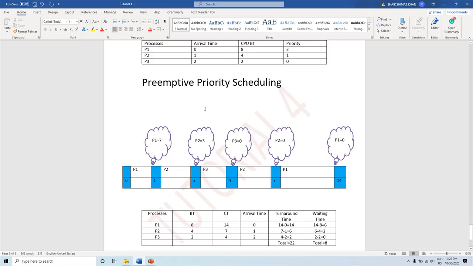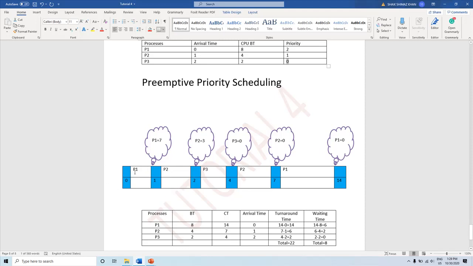The scheduler compares the priority of P2, which is currently running on the CPU, with P3's priority, and also with P1, and finds that P3's priority is higher than the currently running P2. So immediately context switching takes place. Process 2 is removed from the CPU and goes to the ready queue.